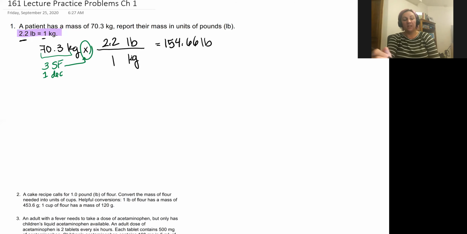So that means I'm going to use my least number of significant figures rather than my least number of decimal places. And so I need to report this value to three significant figures. That is going to require dropping off these digits after the decimal place. And the first one's a 6, so I need to actually round up when I do that. So my value is actually going to be 156 pounds. And that will be my correct answer.